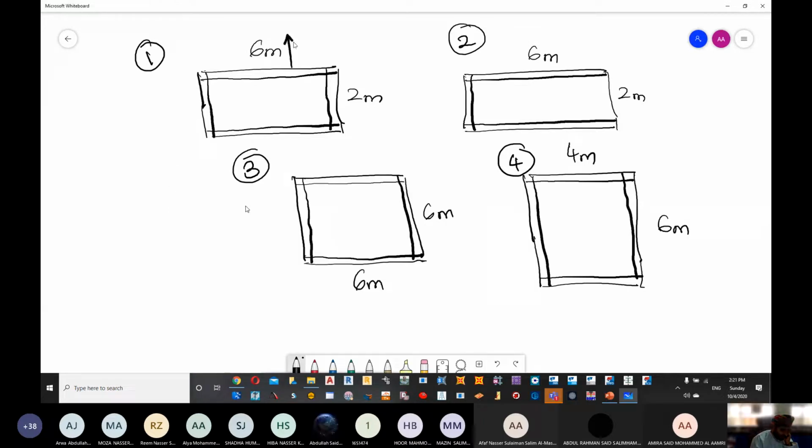So one person is trying to pull this paper from here. One person is trying to pull the paper from here. Another person will be pulling from here, and then the third one will be pulling from here. Okay. Now, how many persons are pulling?